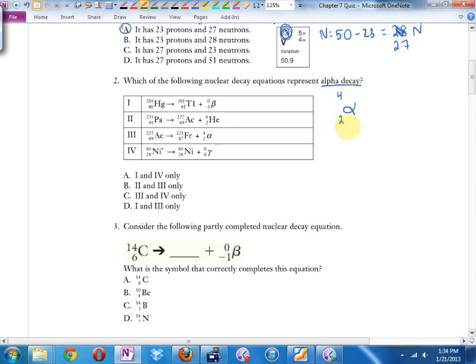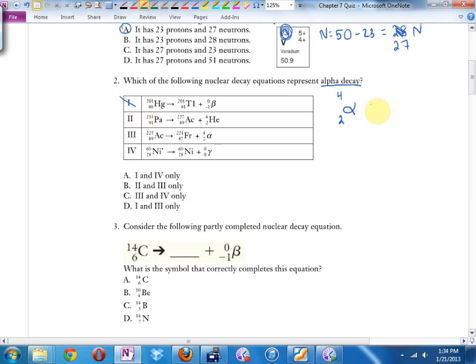So what you're looking is, well, what kind of decay is this first one here? That's beta, so it's not that. How do I know it's beta decay? Because that plus 0 minus 1 beta. What's the second one? But it doesn't say alpha, it says He.